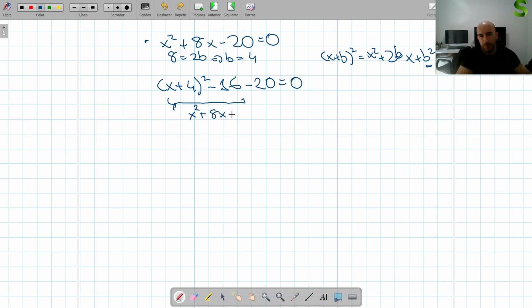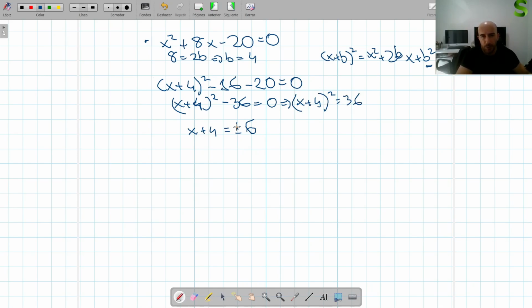And then I'm going to write the minus 20. Okay, so (x + 4)² - 36 = 0. x + 4 equals plus minus the square root of 36, which is 6. I have moved the 36 to the other side as the plus 36. So I'll do this here just in case.